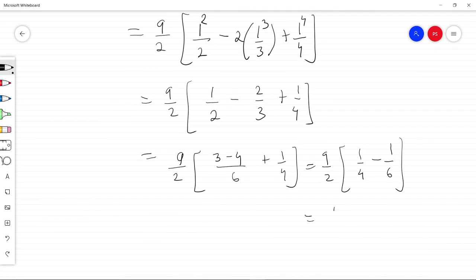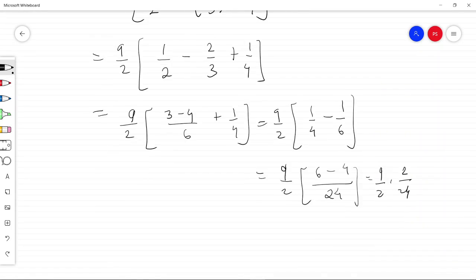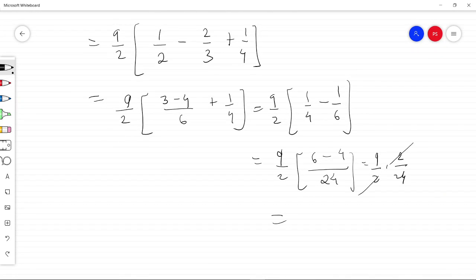So this is just 9 by 2, 6 minus 4 by 24. So we have 9 by 2 into 2 by 24. Thus, after the simplification, we are left with 3 by 8.